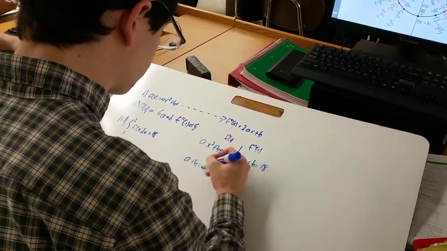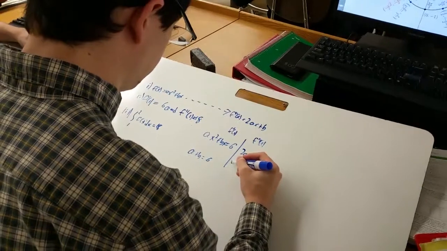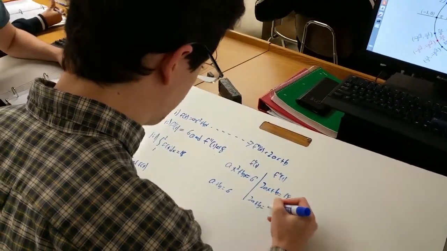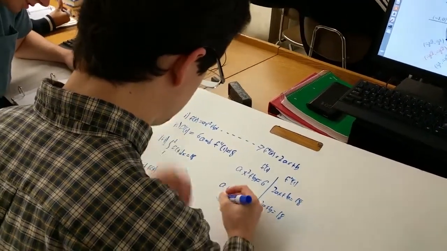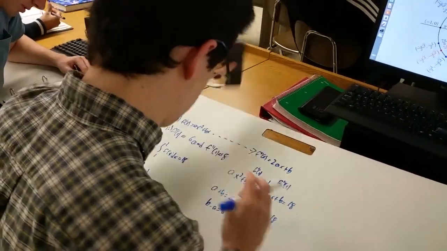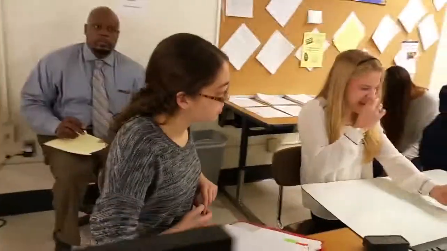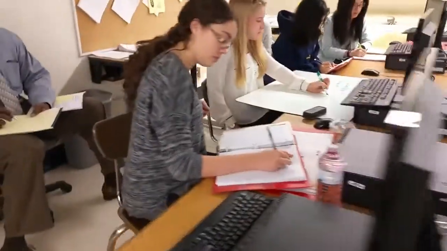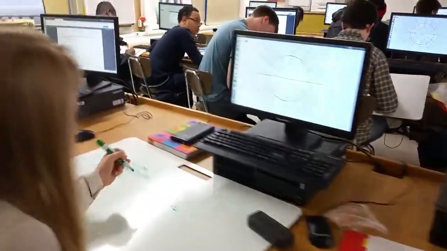So one of them has to be negative. Then b equals 6 minus a. What'd you get?